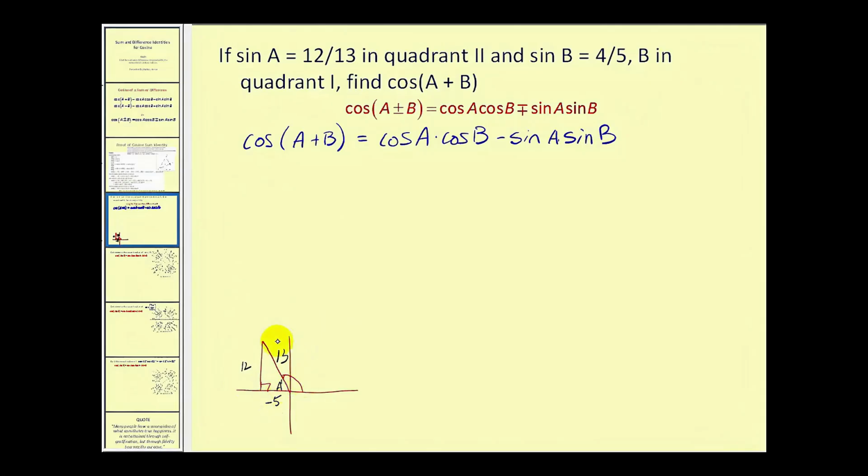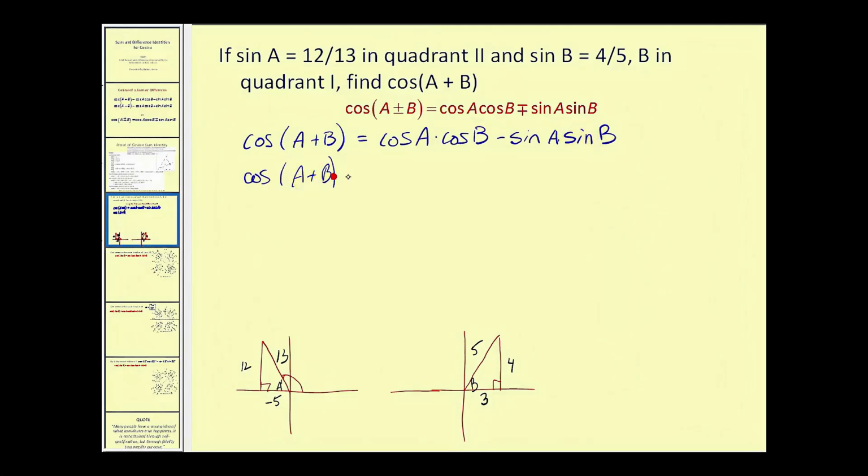Angle B, in the first quadrant, has a sine of 4/5. So if we call angle B, this would be the opposite side, this would be the hypotenuse, and this is a 3, 4, 5 right triangle, so this side here would have length 3. So we'll use this information to complete our identity.